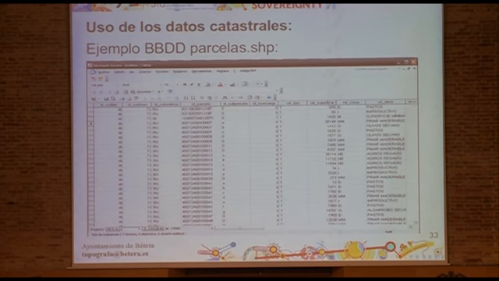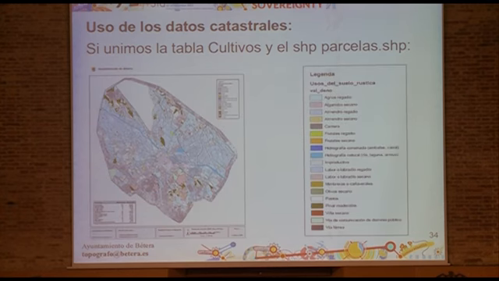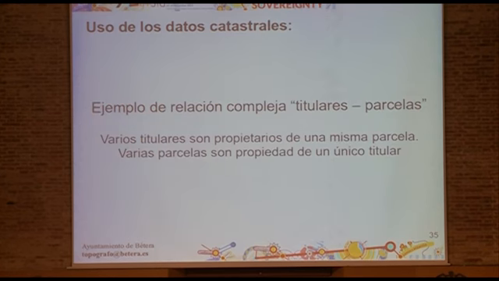This is the list of plots with their cadastre reference and the crop use, in this case olive trees. If you bring together those two tables and you come up with a caption with the use function, you can have all the crops in the area, in a very straightforward way.